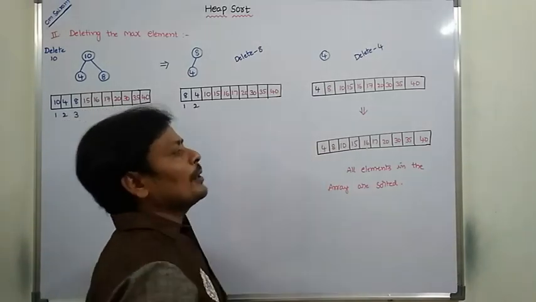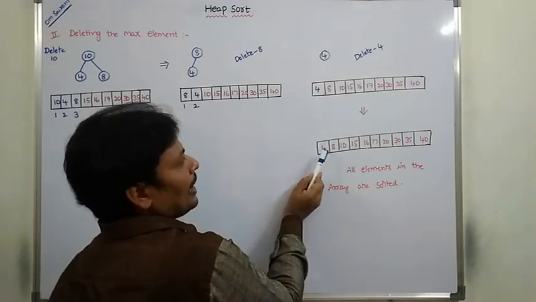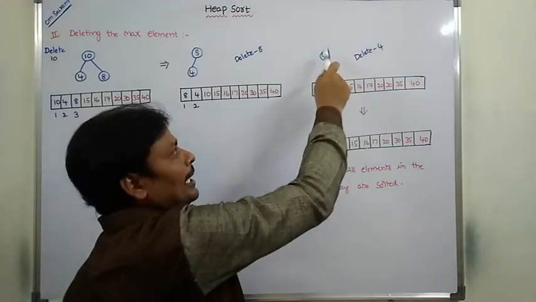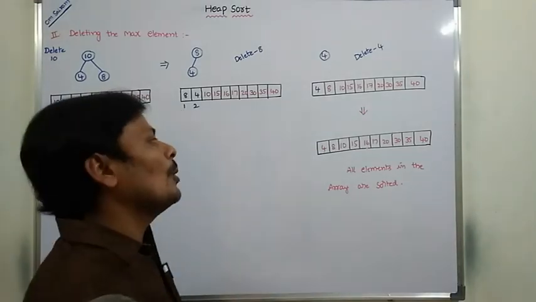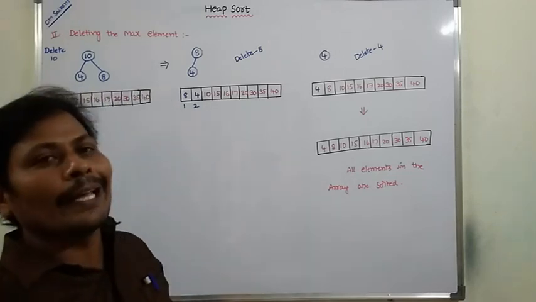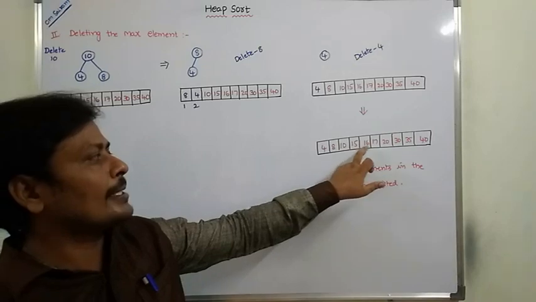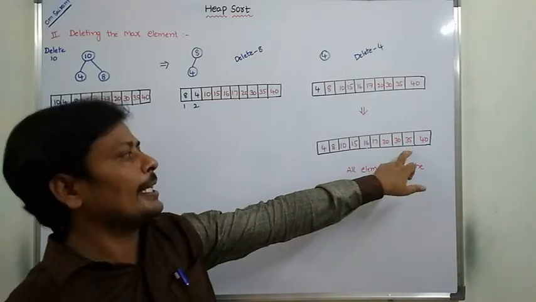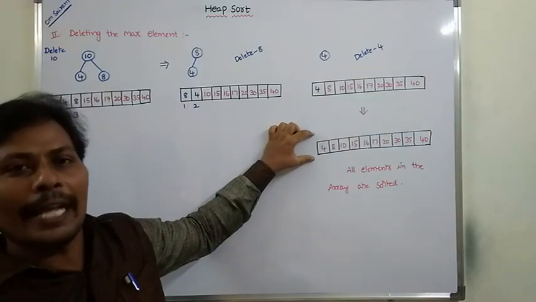After deleting 4, the deleted 4 can be placed in this place because one space is empty. So now this array contains the sorting of the given elements. Okay. So 4, 8, 10, 15, 16, 17, 20, 30, 35, 40. This is the sorting of the given elements.